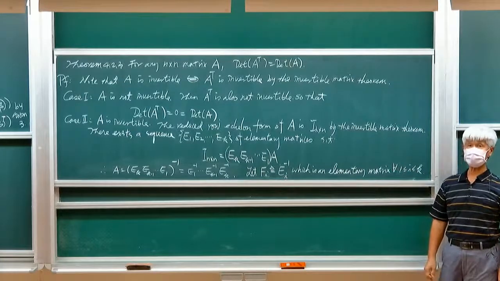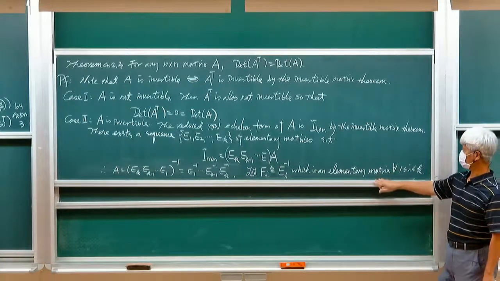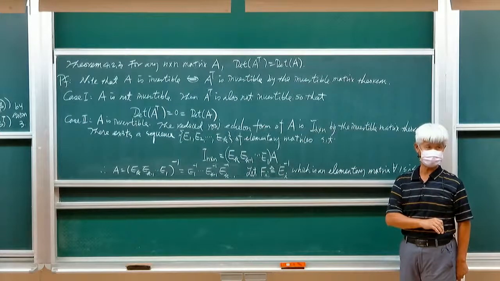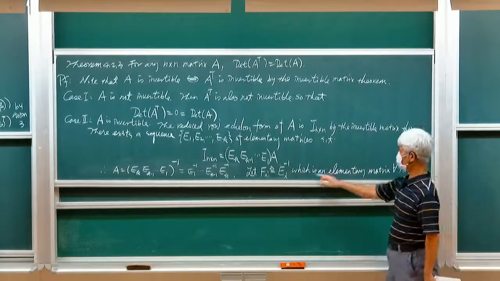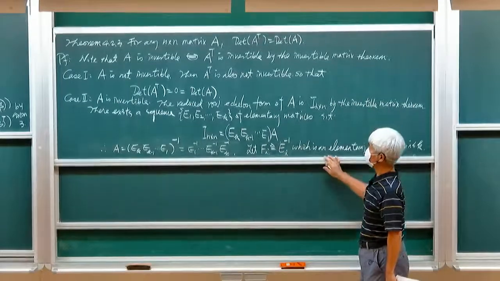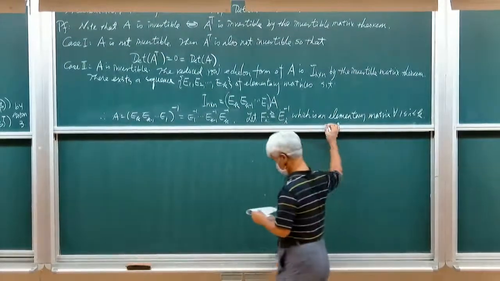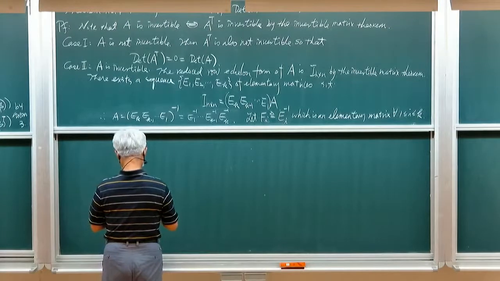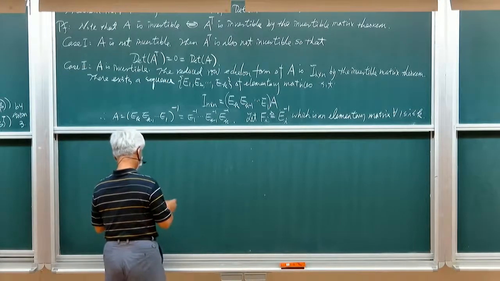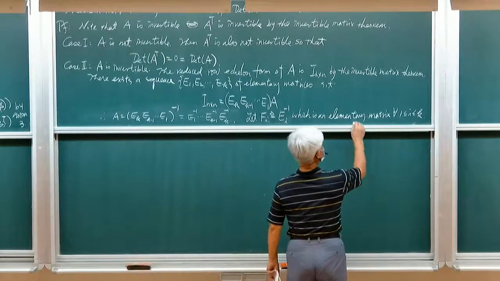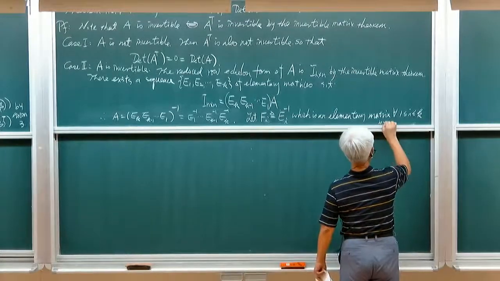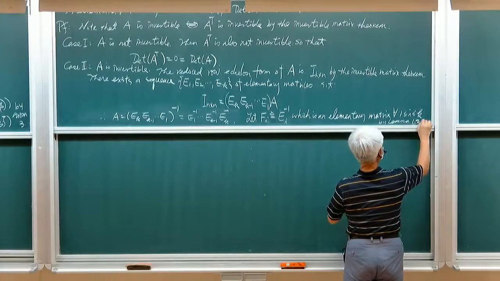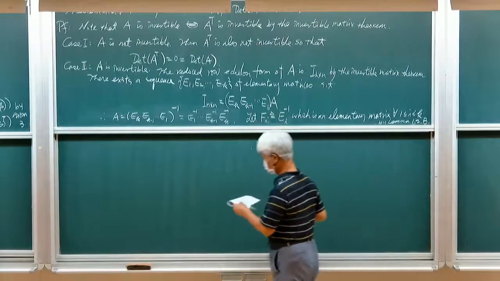So in chapter 1, we know the inverse of an elementary matrix is also an elementary matrix. So we call it Fi. And this is from lemma 1.2.b in chapter 1.